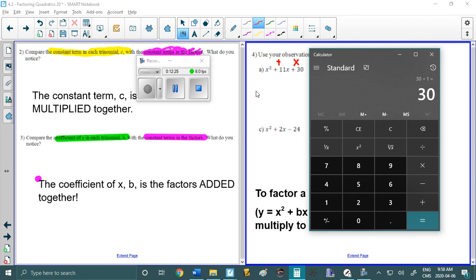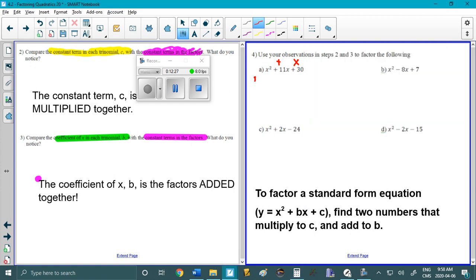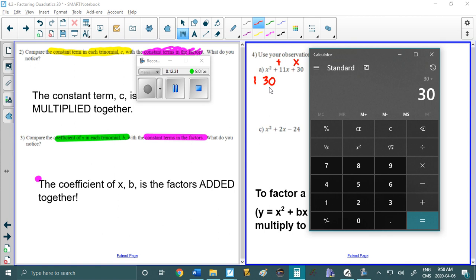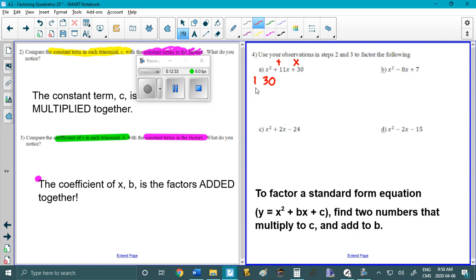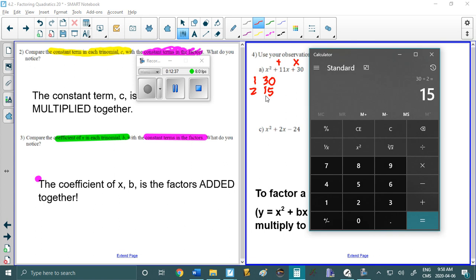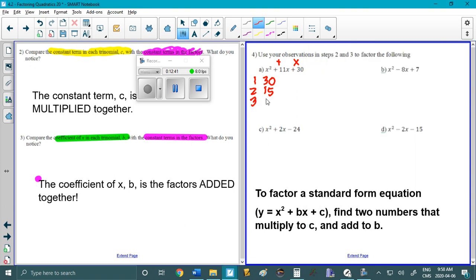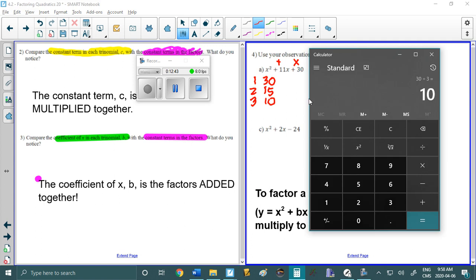So two of our factors are 1 and 30. And then do 30 divided by 2. We get 15. So 2 and 15. Do 30 divided by 3, and we get 10. So 3 and 10. 30 divided by 4 doesn't work. 30 divided by 5 is 6.